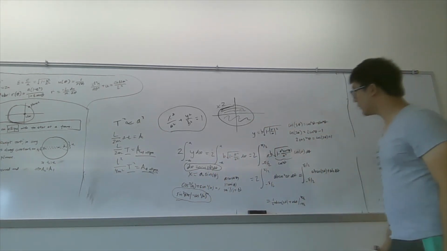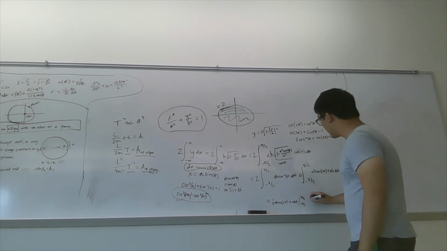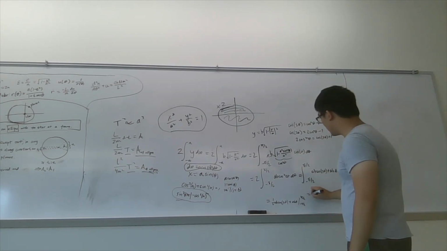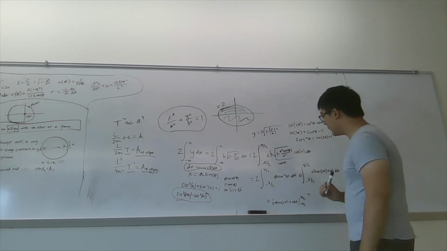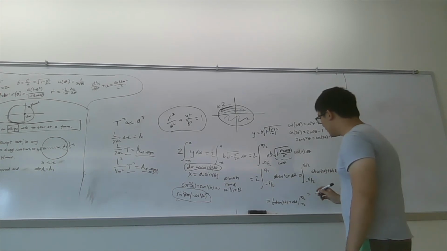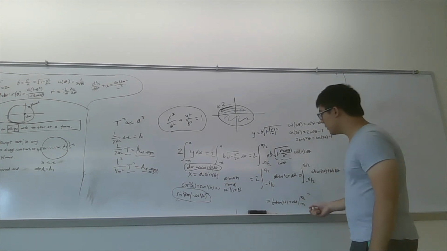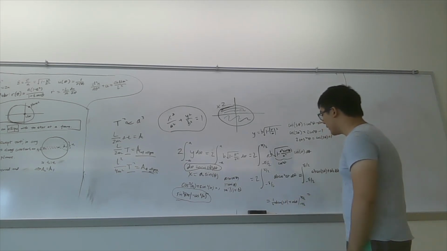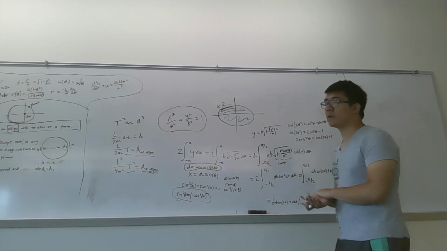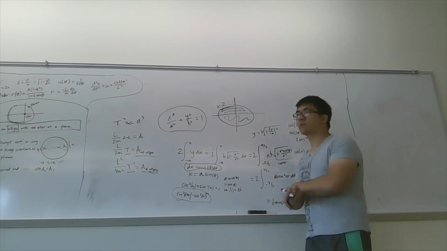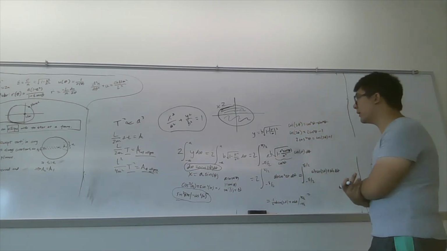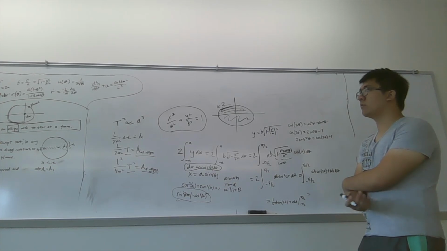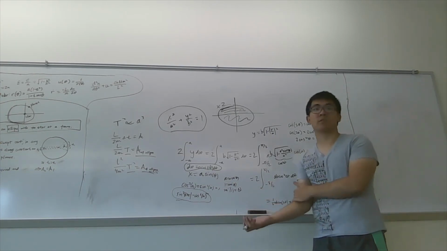Okay. So when we evaluate this, we get terms of sine of pi and sine of negative pi, and those are simply equal to 0.